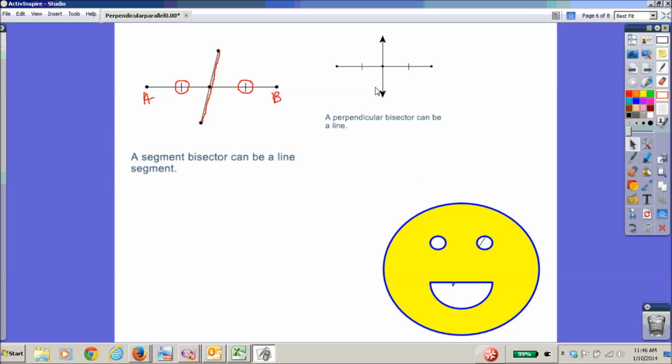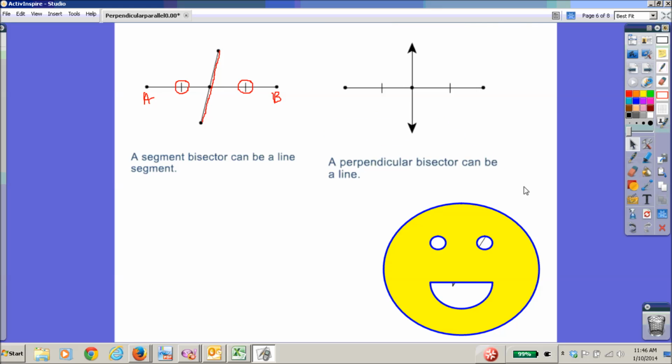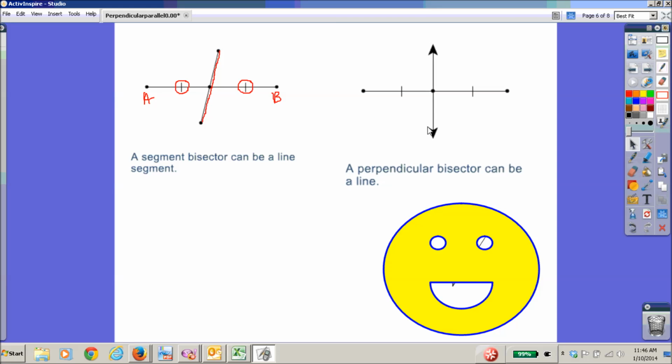We also have what's called a perpendicular bisector, which means as they are bisecting the segment, it is also perpendicular to that segment. So notice just a regular segment bisector will not be perpendicular, but a perpendicular bisector will cut it in half as well as make it perpendicular.